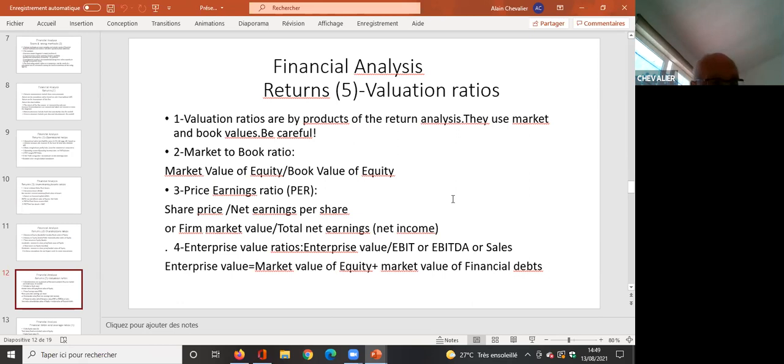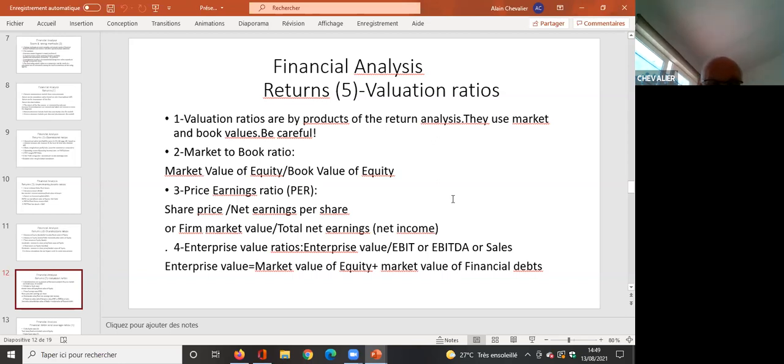If you are in a sector under depression, in a very difficult situation like the airlines today, it's not because your PE is 5% above the average of the sector that you show good performance.